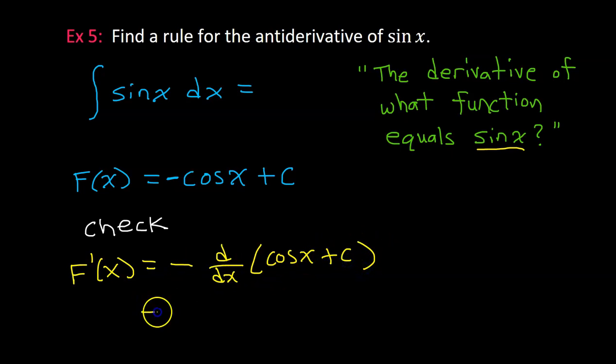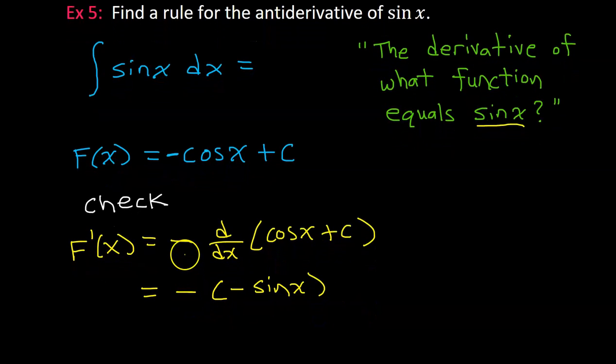Okay, now what happens? So we have the negative sign out front, but the derivative of cosine is negative sine x. Of course, the derivative of the constant is 0, so that's gone and dealt with. But because we included the extra negative sign in the front, these negatives cancel each other out.